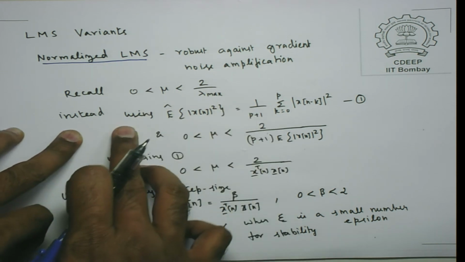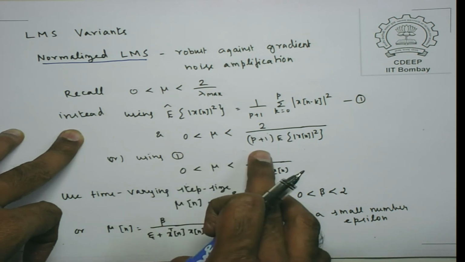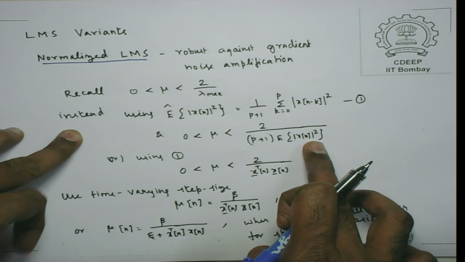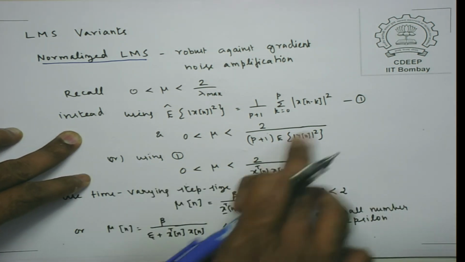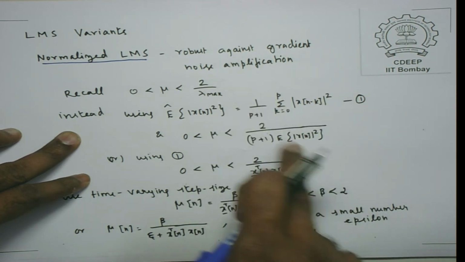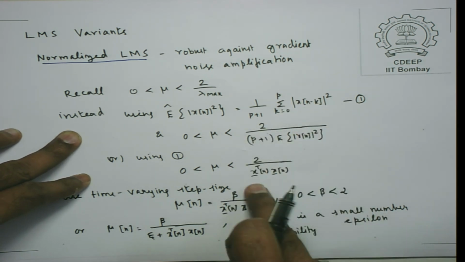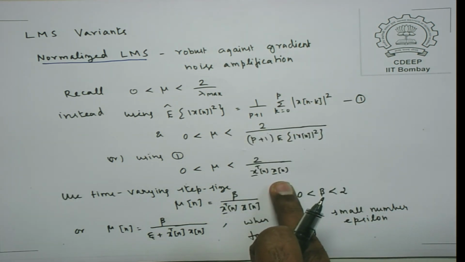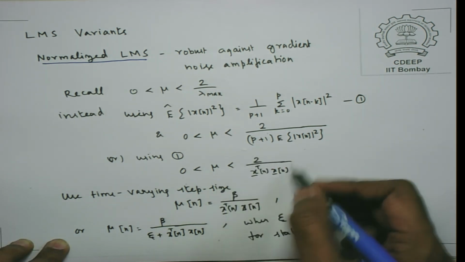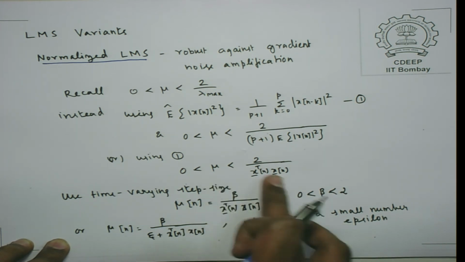Again we saw that instead of using lambda max directly, we can have an estimate which depends on the signal energy, which is this p plus 1 times E of x n squared. So, one way of rewriting this is, rather than using this p plus 1, if you substitute this term here, p plus 1 cancels with this p plus 1, and this sigma term is essentially x transpose x of n, right. So, you see what we have done, the mu is bounded by this term, right.